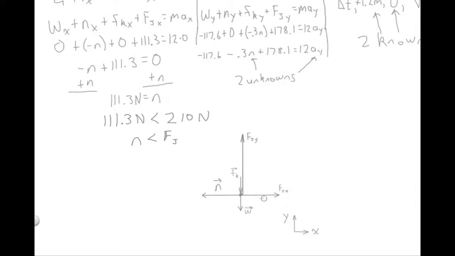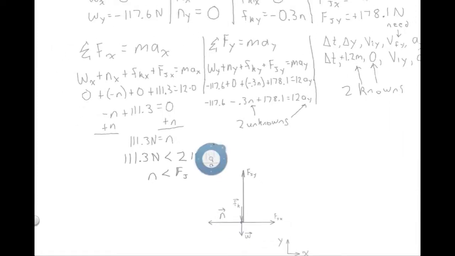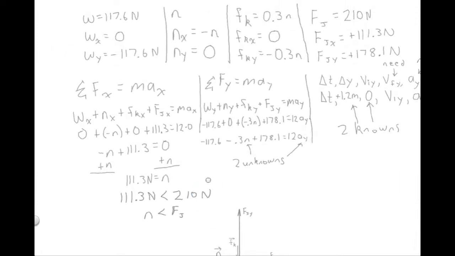And I tried to reflect that. I tried to draw this arrow for the x component of Jessica's pushing force to be the same length as this arrow for the normal force. Notice that the normal force actually came out here to equal the x component of Jessica's force in magnitude.